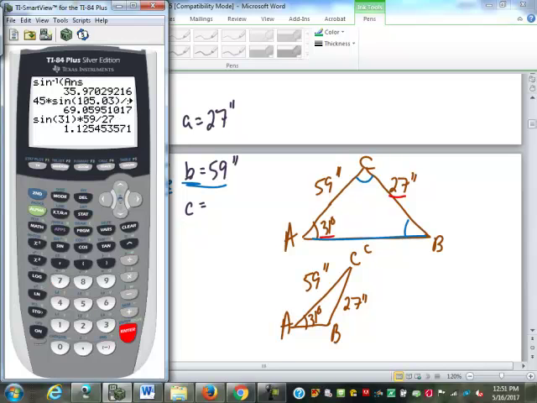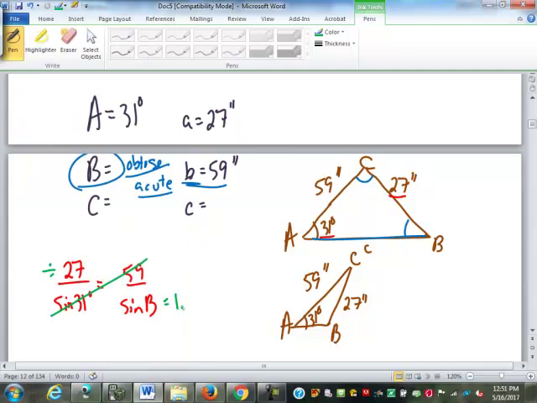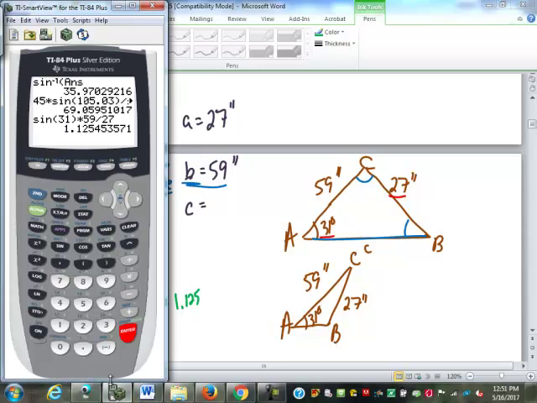What's the problem with that? If we go to do an inverse sine, what's going to happen? The calculator says error. Why? Well, sine can never be larger than 1. Sine and cosine are both between -1 and +1.